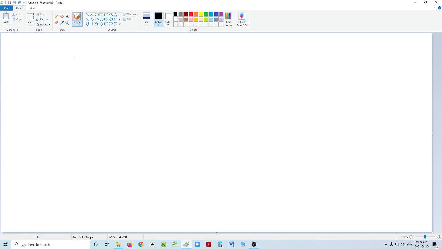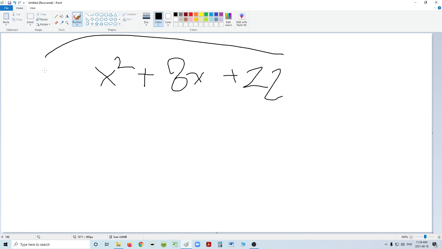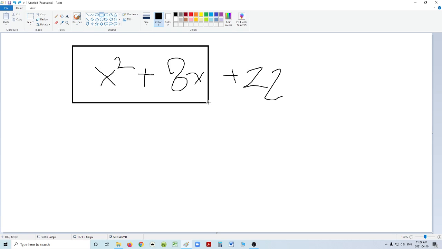So let's say you have, let's just start with a simple one. Let's say you have x squared as a standard form plus 8x plus 22. So this is clearly not a perfect square. However, if you look at this component right here, you can see that it has aspects of a perfect square. What perfect square would happen to create this part of it?